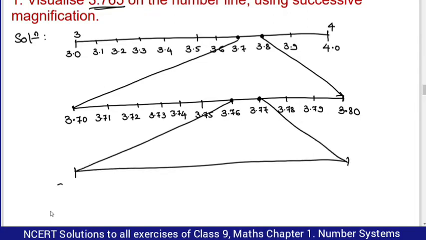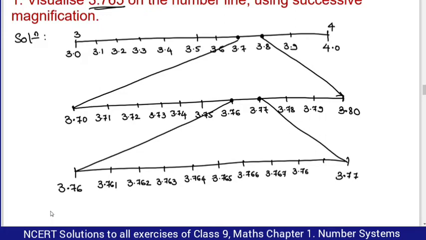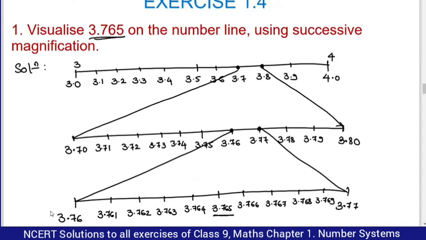Now again draw endpoints with 3.76 and 3.77. Mark in between lines as shown. So now 3.765 is present in between of the third number line. Now represent it with a box.